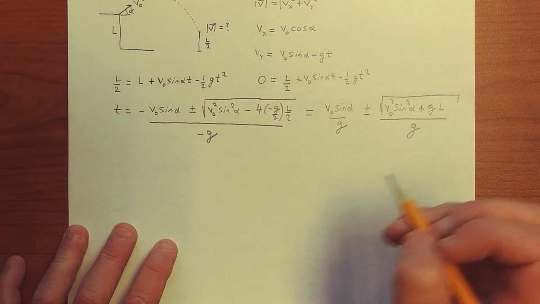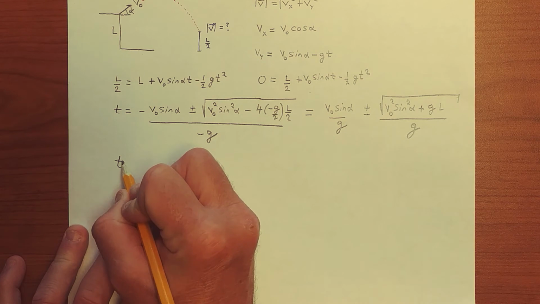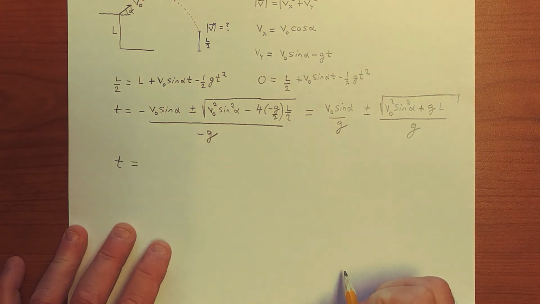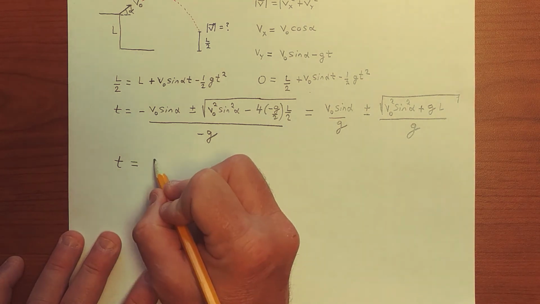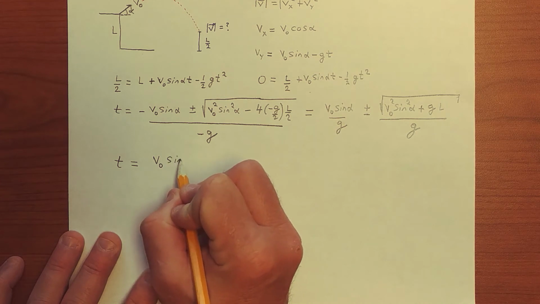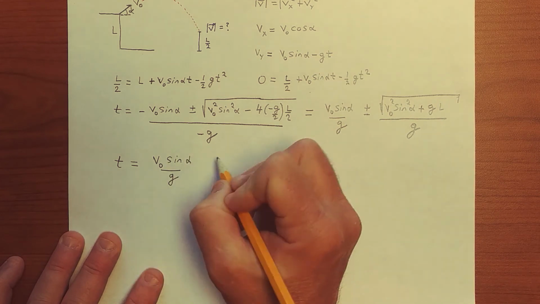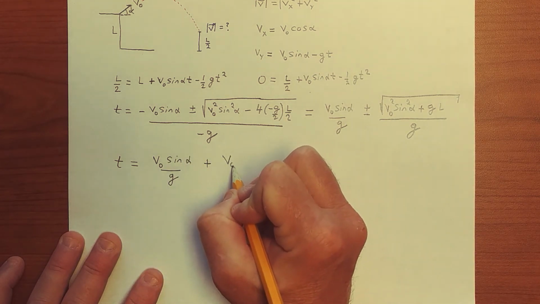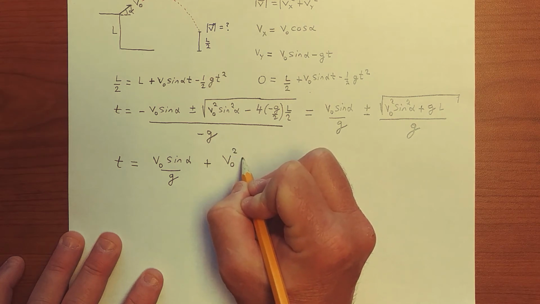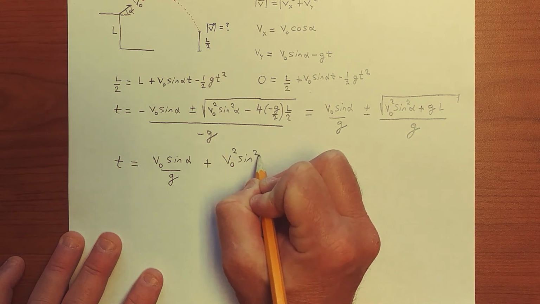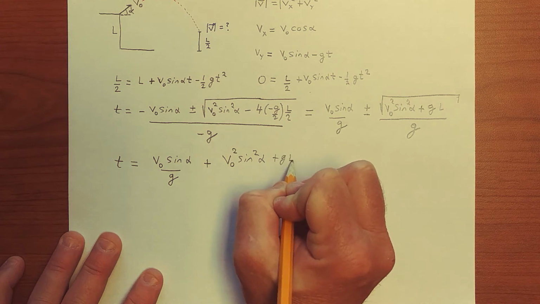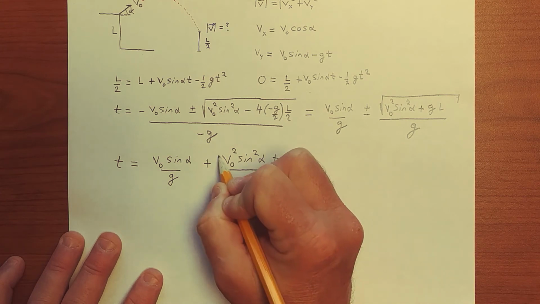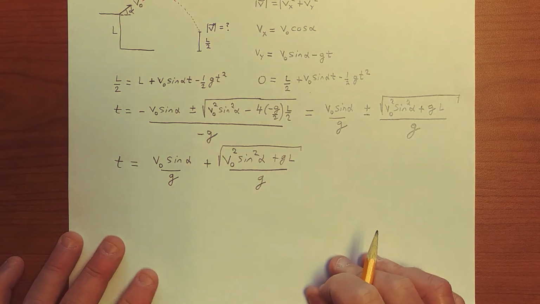So that seems to suggest that the only reasonable solution is the one with a positive. So we have V naught sine of alpha over g plus the square root of V naught squared sine squared alpha plus GL over g, and that's our time.